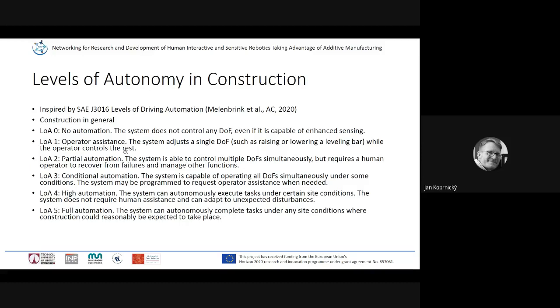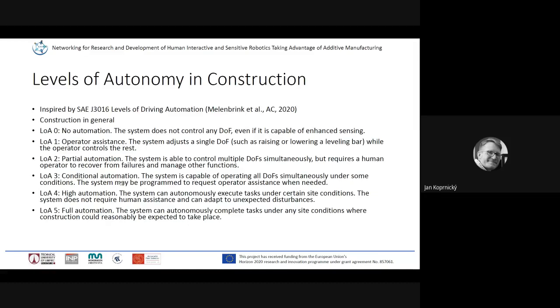Then what is coming now is operator assistance, which is necessary for an automated system on a construction site. Then there also already exist some automated systems where partial automation is used. So there are some degrees of freedom of such systems, and they also require a human operator.